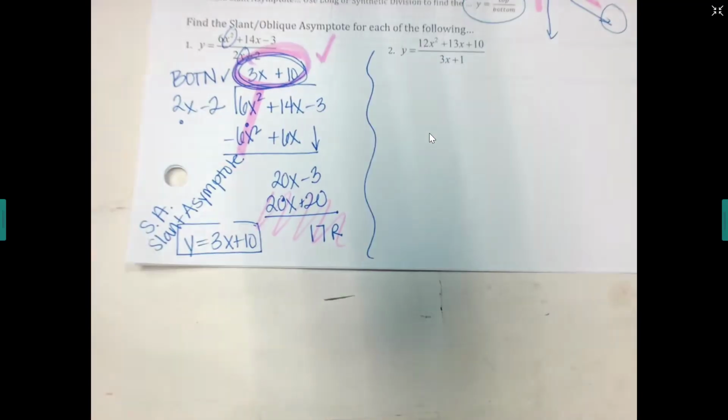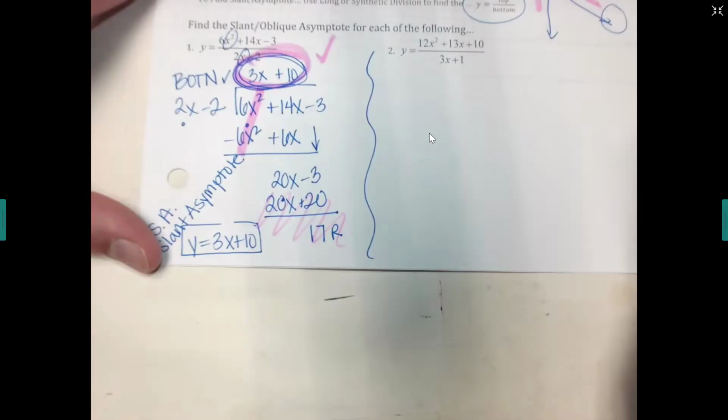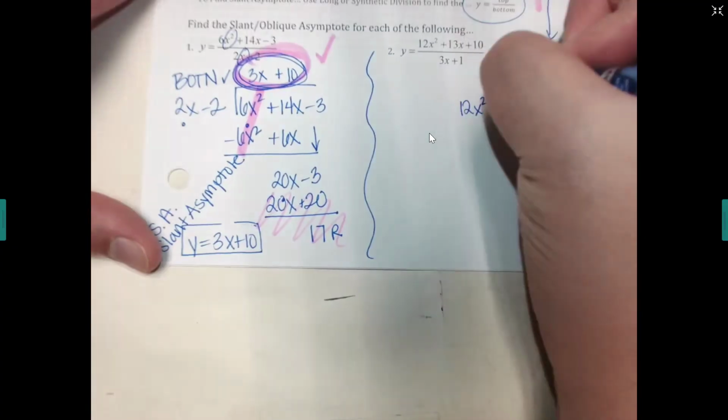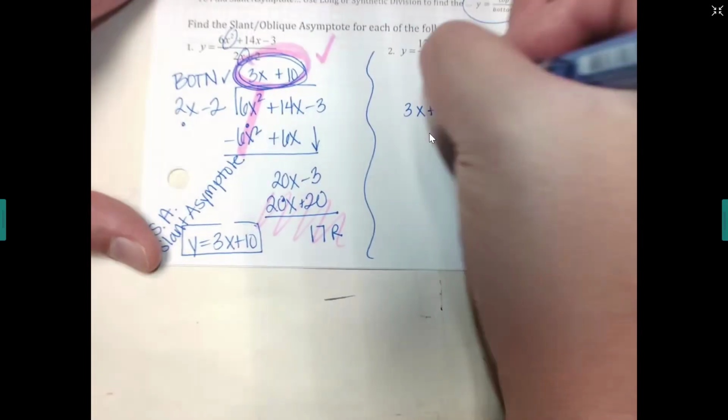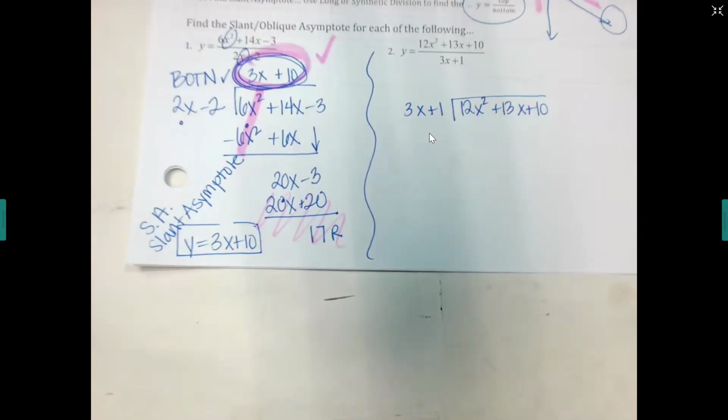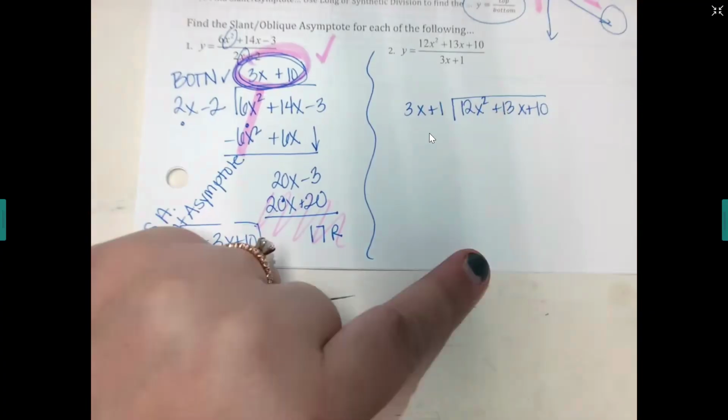All right, take a look at number 2. First thing that we notice is the top is an x squared, the bottom's a regular x. That makes it bottom-heavy by exactly one power. So to find the slant asymptote, I'm going to do 12x squared plus 13x plus 10, and I'm going to divide it by 3x plus 1. First question: what would I need to times my 3x by to perfectly match a 12x squared? 4x.